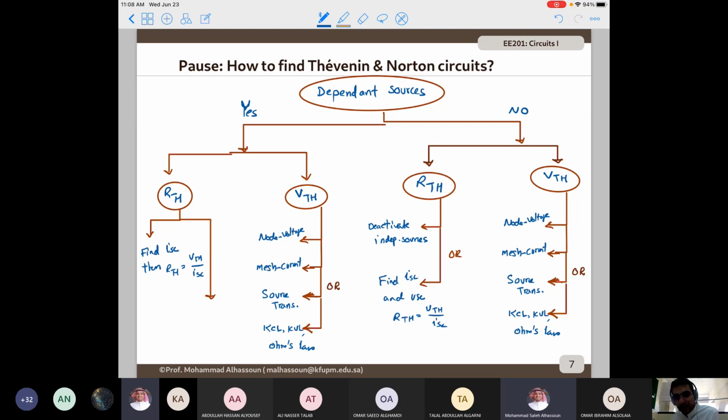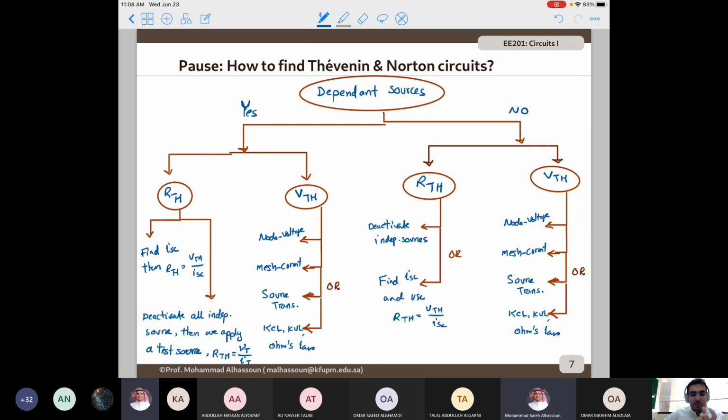The second option is something that we're going to explore today. We deactivate all independent sources. Then we apply a test source. Then R Thevenin will be the test source voltage divided by the test source current.